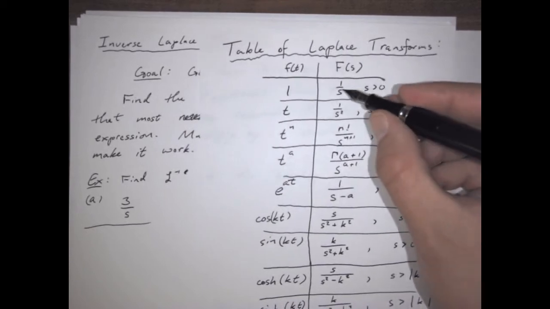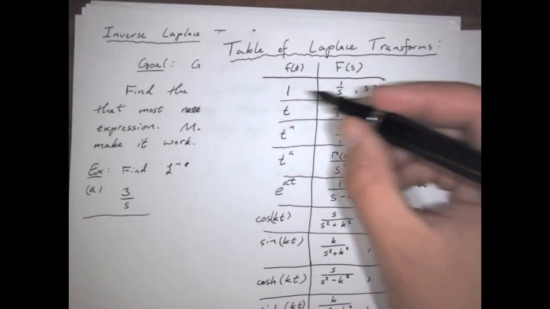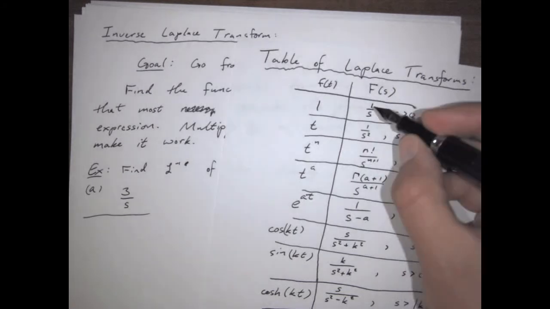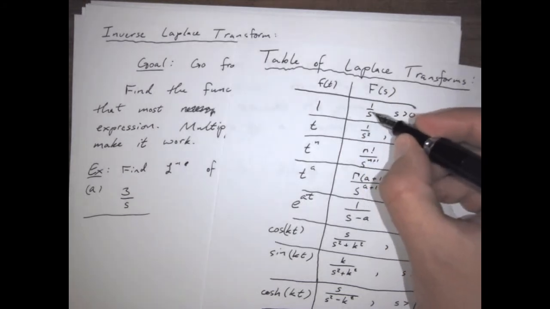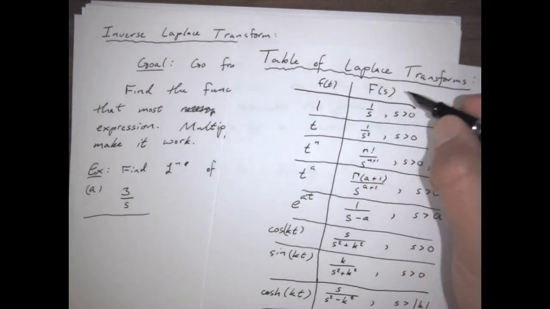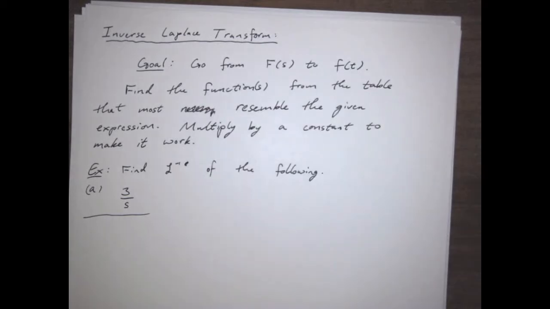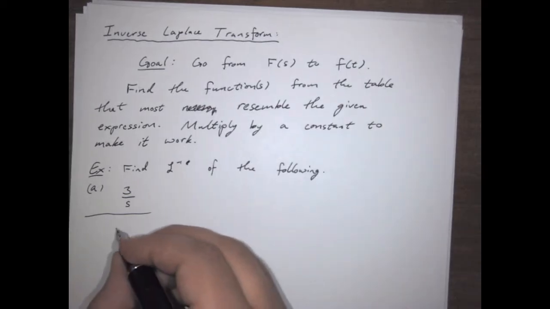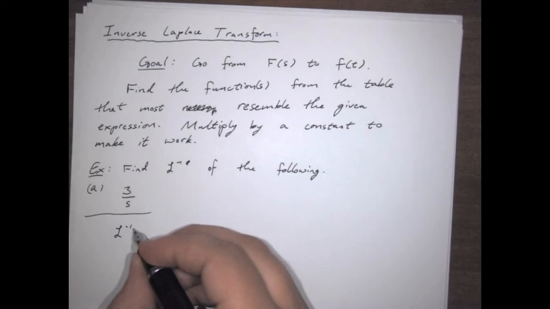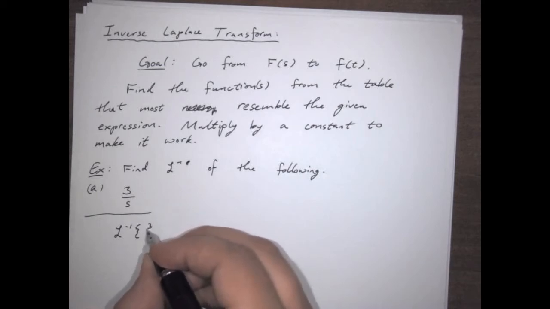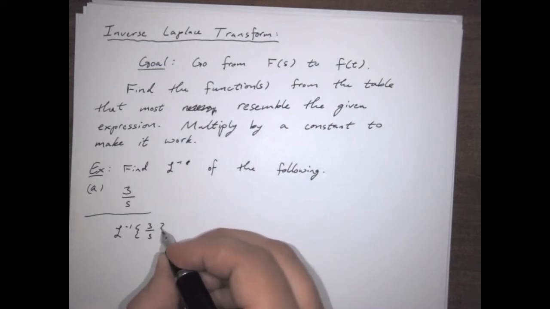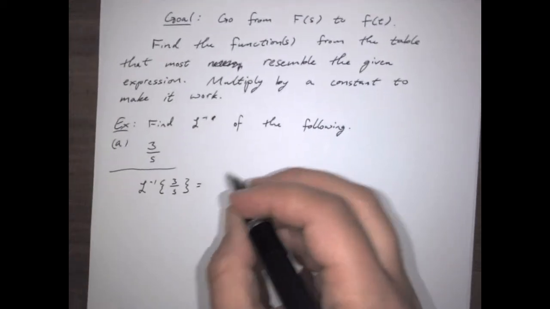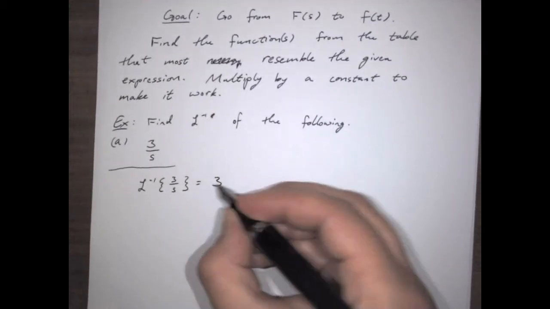Now the one that matches this is just the constant function, f of t equals just 1, but we need to multiply it by 3 so that it will equal 3 here. So the inverse Laplace transform of 3 over s would just equal 3.